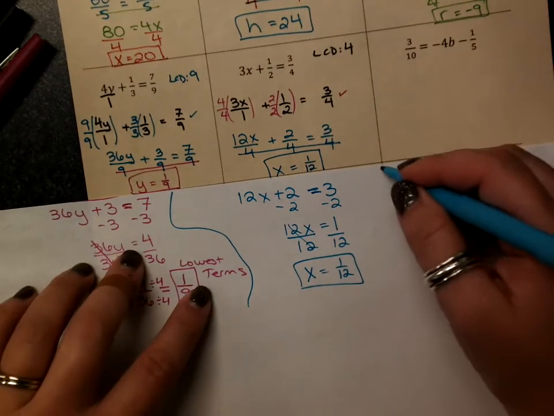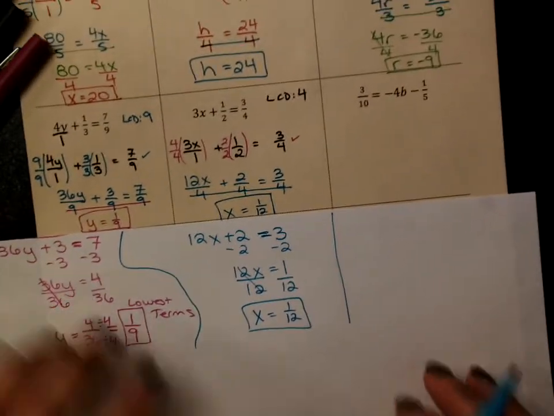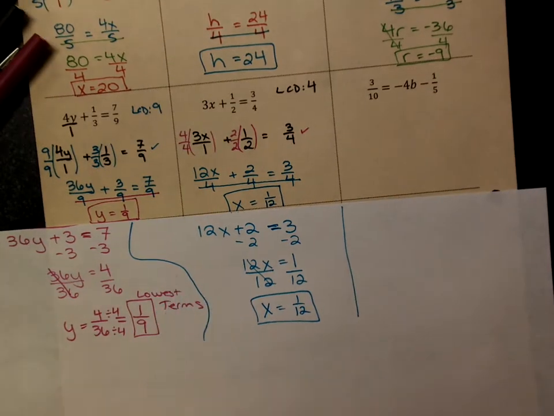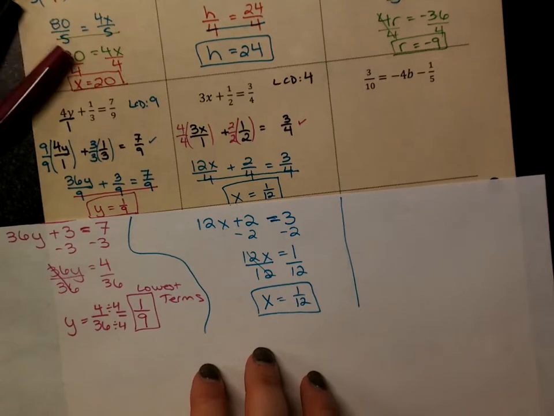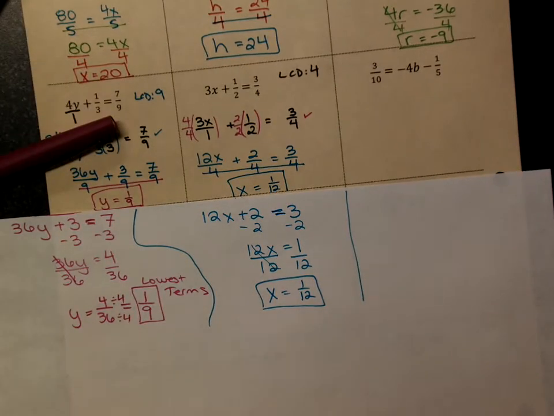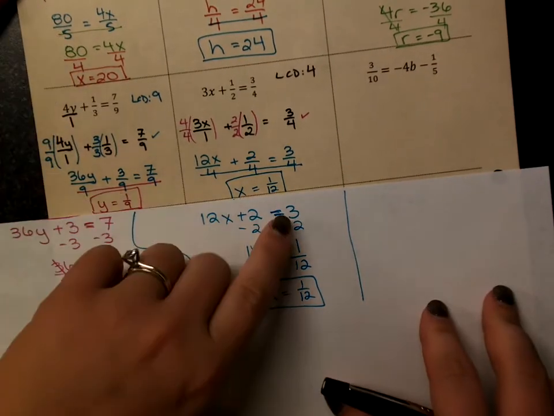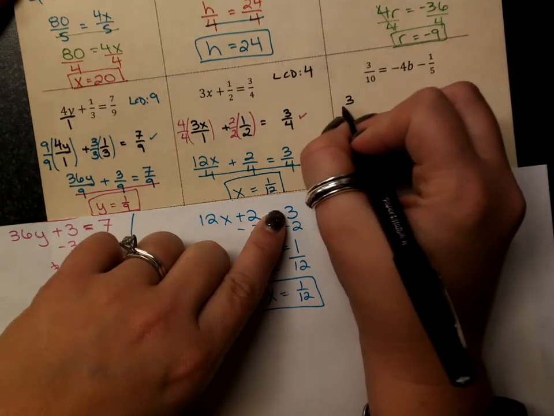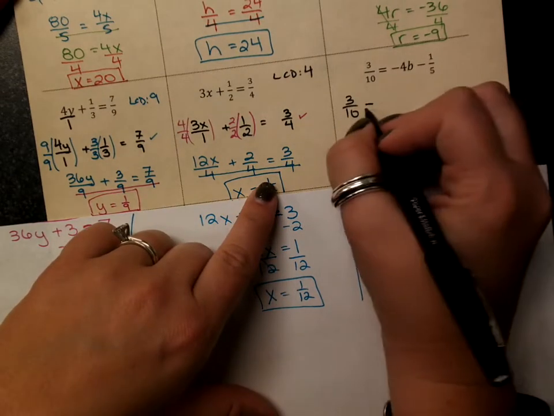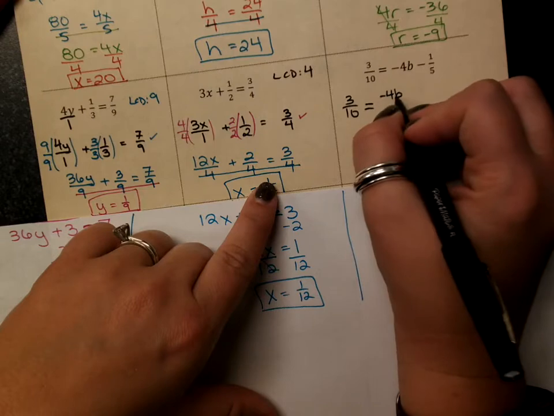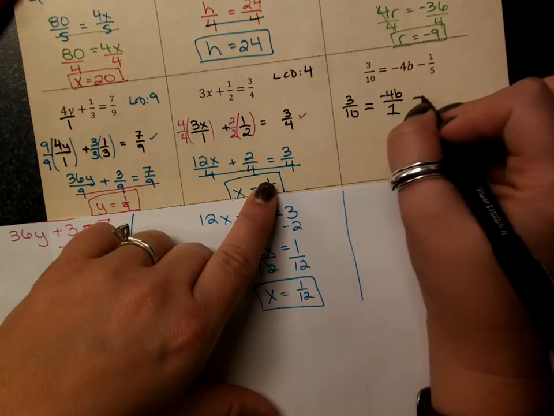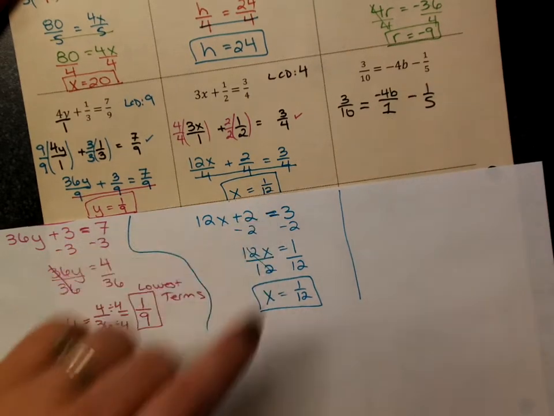Would you like to try the next one on your own? We have 3 over 10 equals negative 4b minus 1 over 5. So that's 3 over 10 equals negative 4b over 1 minus 1 over 5.